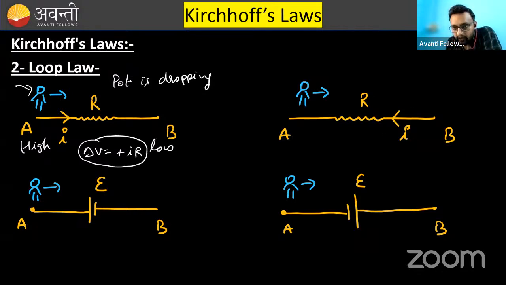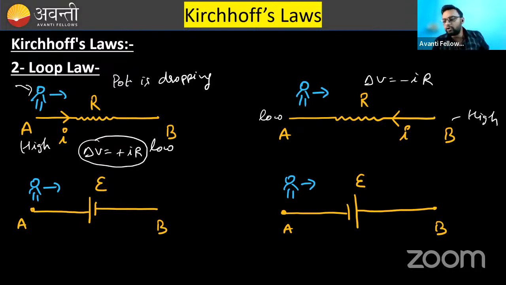Similarly, in this part, can you identify which is high, A or B? You can say, sir, B is high, A is low. And you are moving from low to high. So what can you write here? Delta V is equal to minus IR.